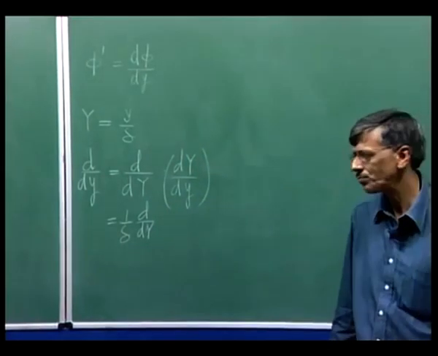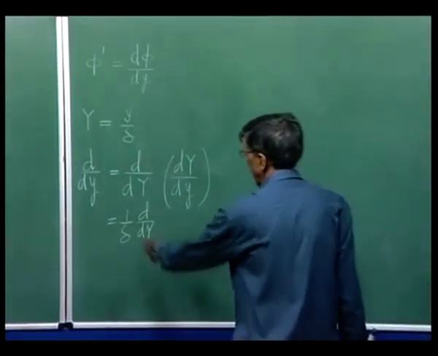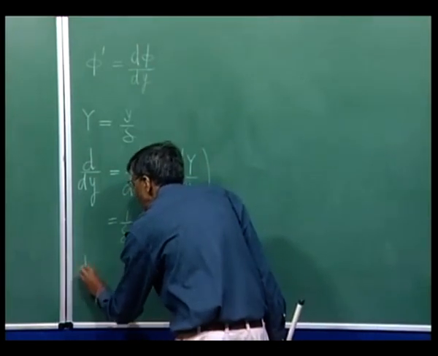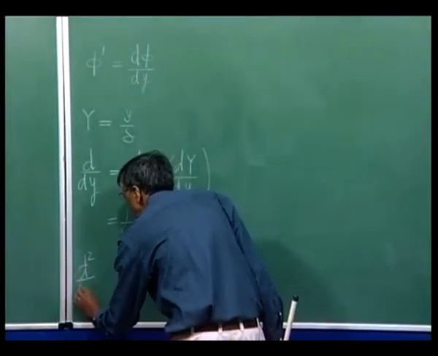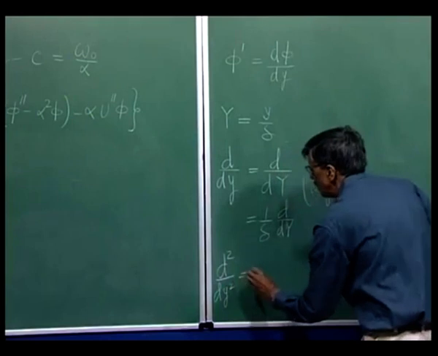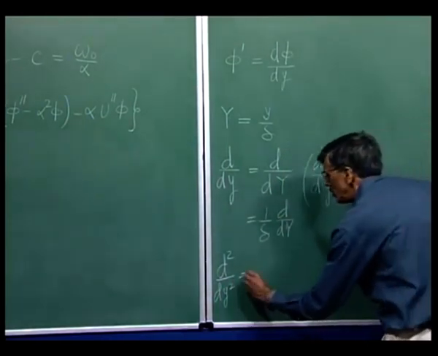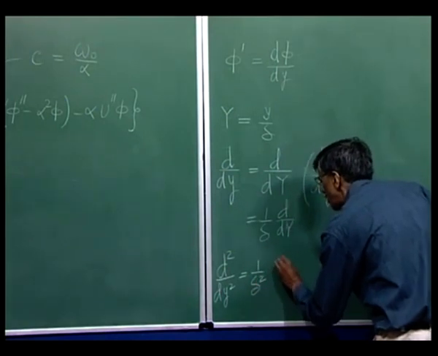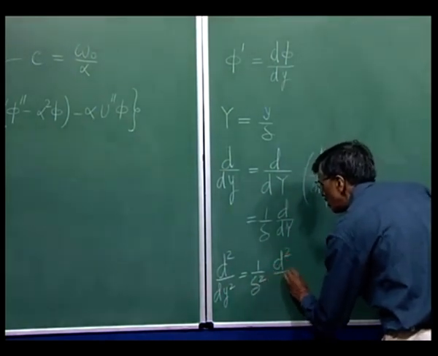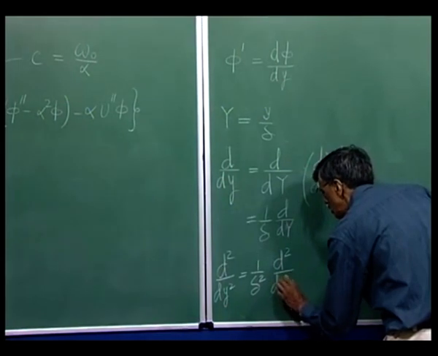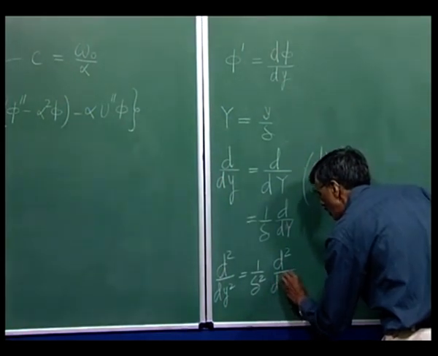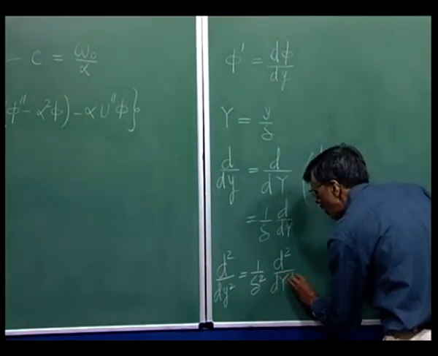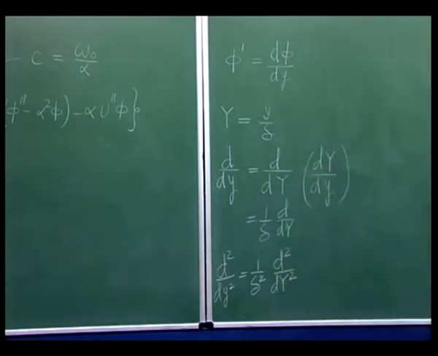So, you can carry on the story further. You can obtain the second derivative. What will that be? 1 over delta square, and so on and so forth.